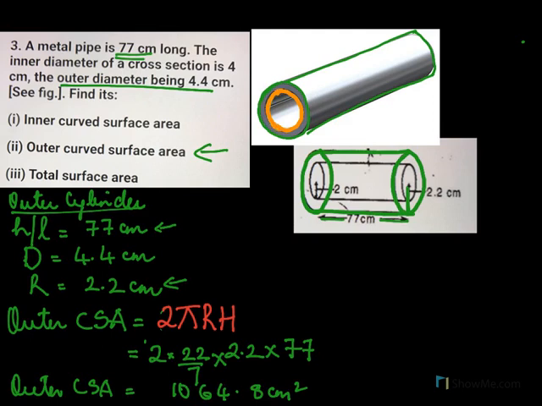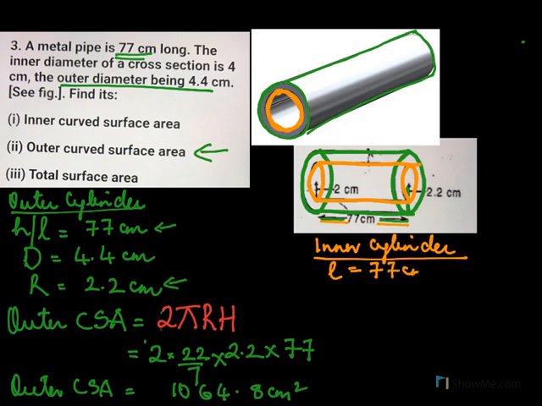Now we'll go to the inner. So we said this was the inner cylinder. So we mark it here. So the yellow we have marked it as inner. So we'll write down here inner. Let's write the dimensions for the inner cylinder. We have the length, which always remains the same, 77, or the height.